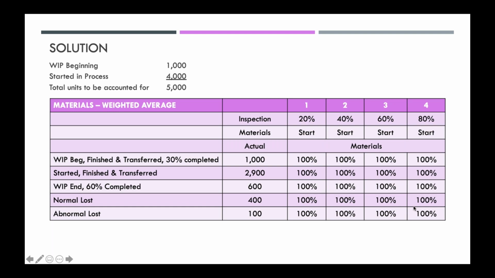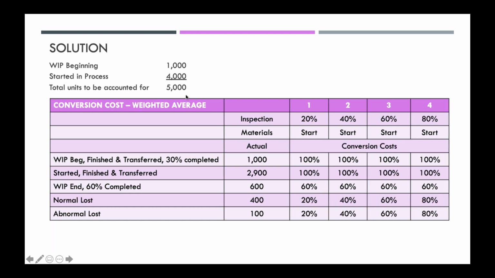Ito, the same explanation, since materials are added at the beginning, and inspection point is 20% after application of the materials. Kumbaga, nalagyan na siya ng materials bago na-inspect, kaya 100%. So for conversion cost, under weighted average, 100% for beginning and started and finished. Work in process end, 60%.